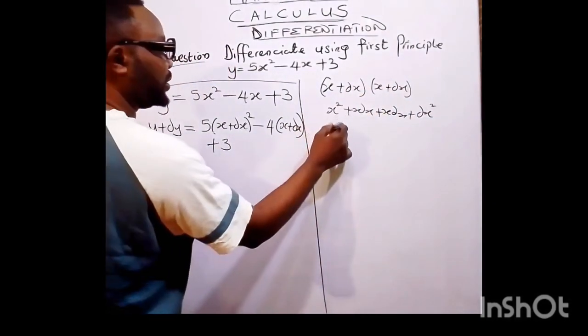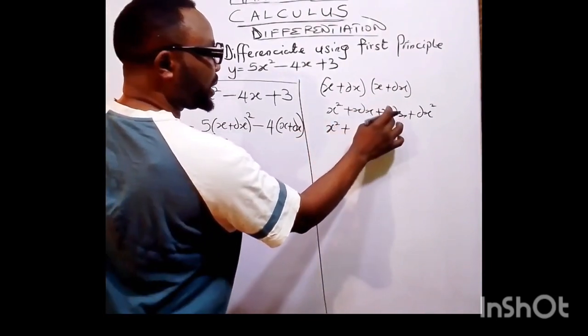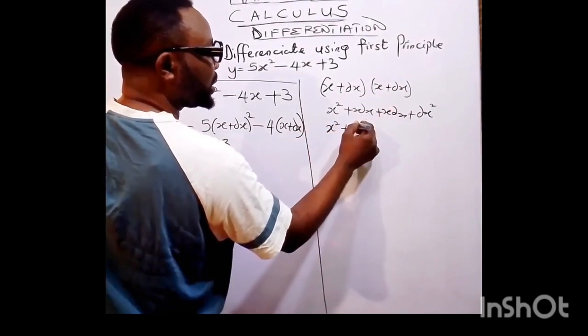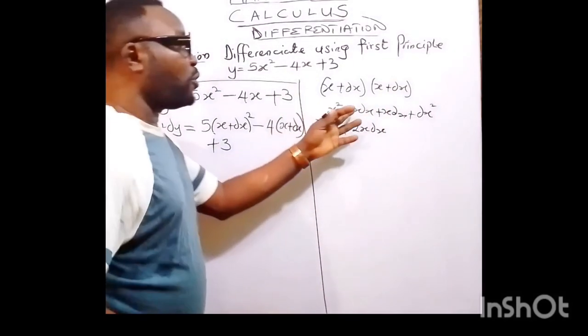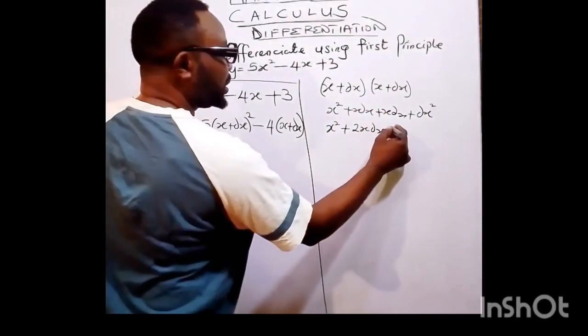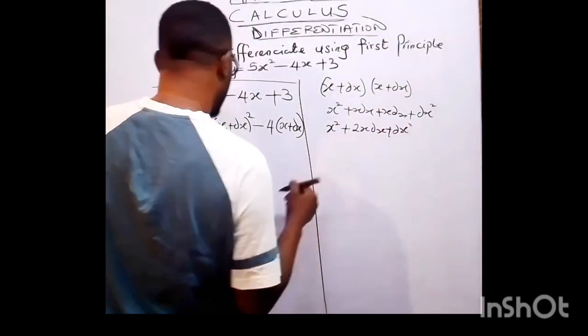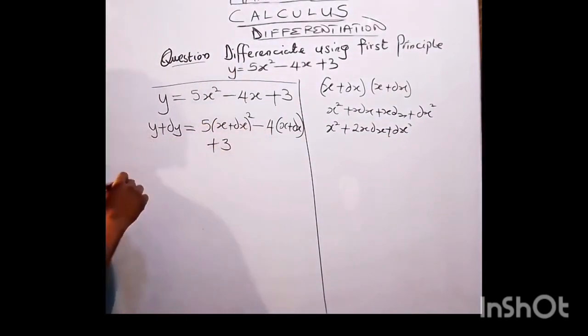So we now have x squared plus x dx plus x dx. That's plus 2x dx, because they are the same value. This is 1x dx, 1x dx. Plus dx squared.